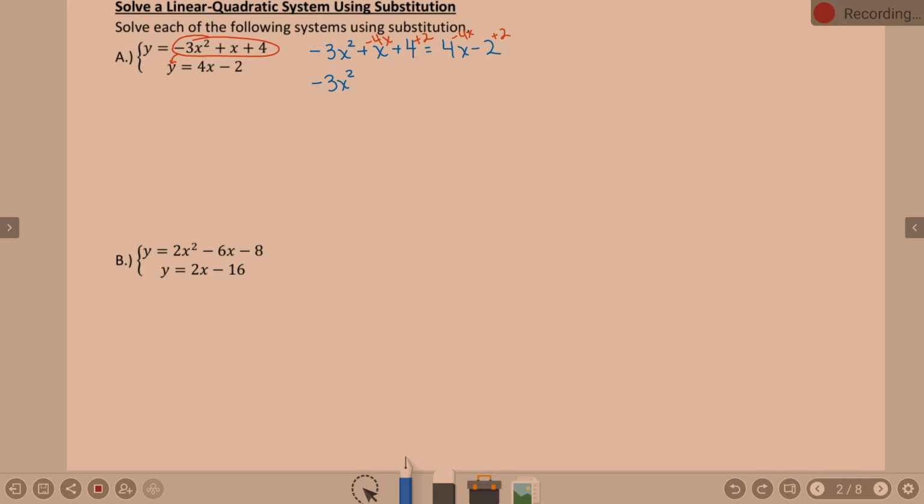There was x, or 1x, and what are we doing with that 1x? We're going to subtract 4x. What's 1x minus 4x? Minus 3x. It was 4. We're going to add 2. 4 plus 2 is 6. And it equals 0.